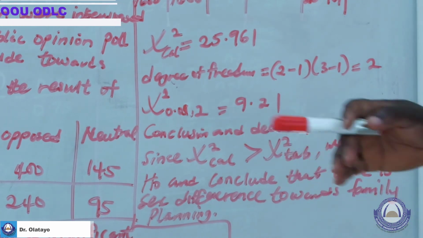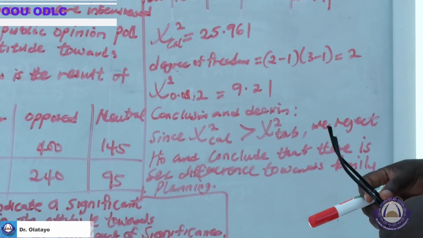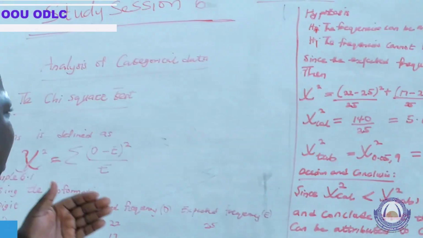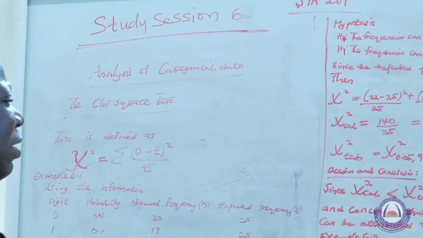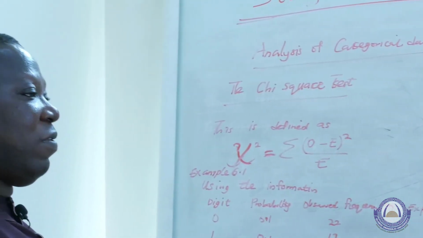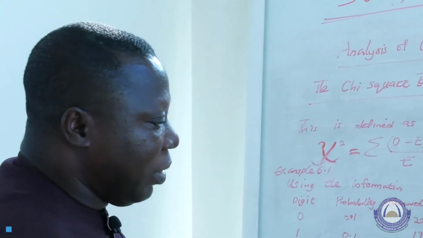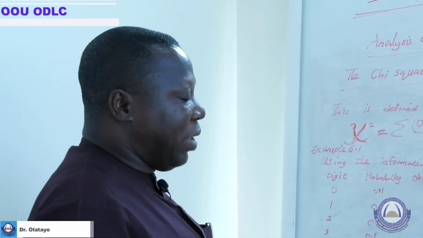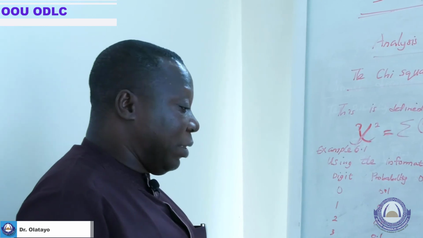That means there is a difference between men and women. Having categorized the figures based on gender, we can see the discrepancy between the beliefs of men and women towards family planning.